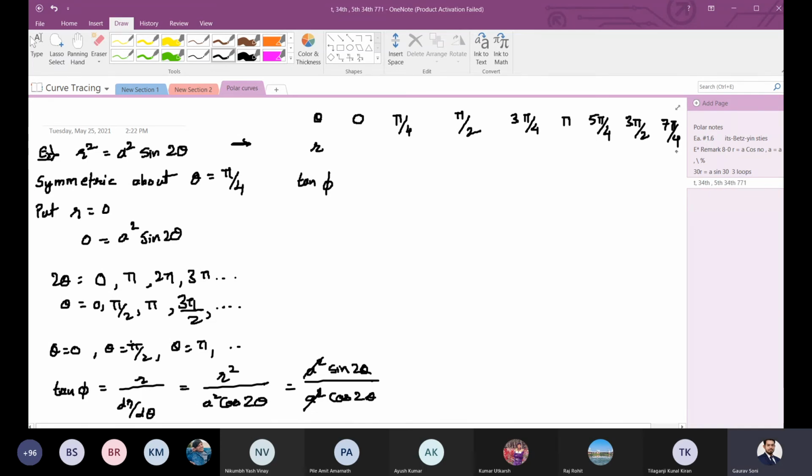So, what is the value of r at 0? 0. For theta equal to 0, what about tan phi? 0. At pi by 4, you will get r square equal to a square, so I'll consider a. What is tan phi? It is infinity. What happens at pi by 2?